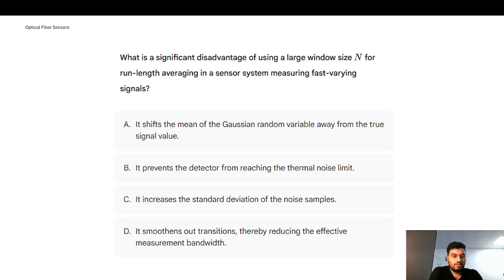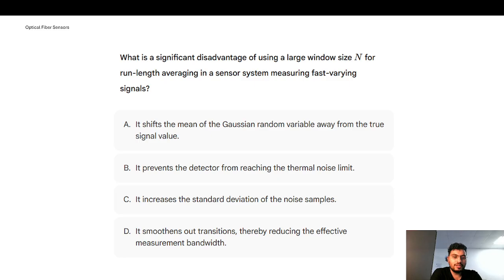Okay. So moving towards the next question, what is a significant disadvantage of using a large window size in run length averaging in a sensor system measuring fast varying signals? Option A, it shifts the mean of the Gaussian random variable away from the true signal value.